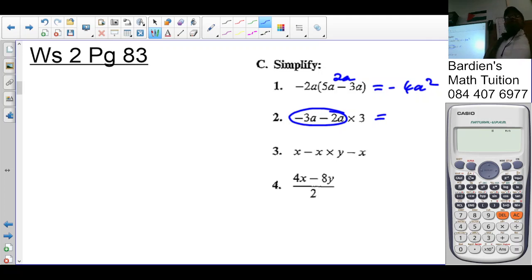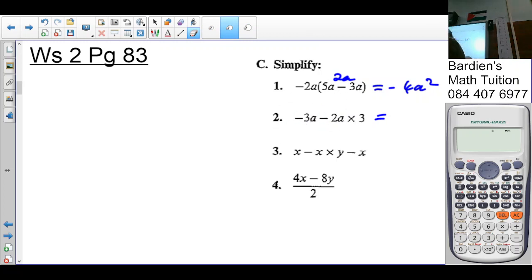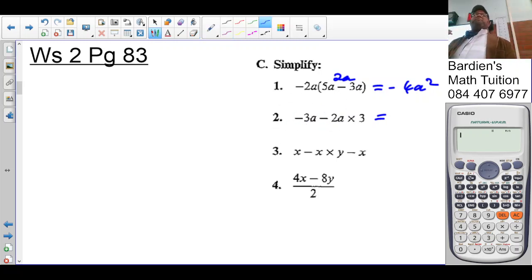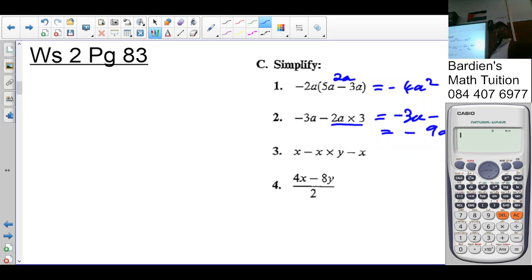No? Is that what you're doing? And then you times it by 3, which is going to give you negative 15. That is not correct. What am I supposed to be applying all the time? BODMAS. So that has to be done first. Okay, so it's going to be negative 3a minus 6a, which is negative 9a. You all agree with that?